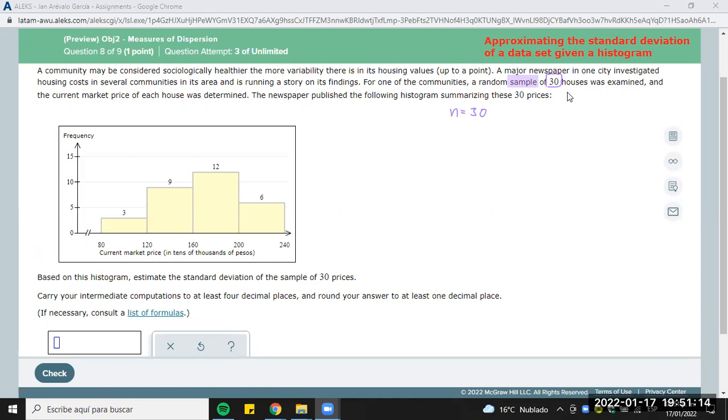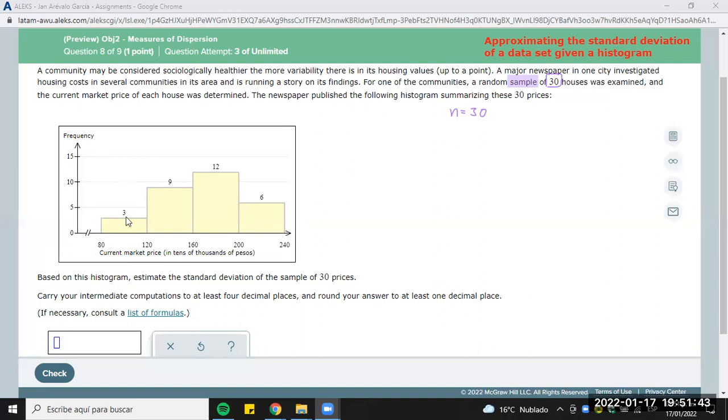Again, a random sample of 30 houses was examined, and the current market price of each house was determined. The newspaper published the following histogram summarizing these 30 prices. In the x-axis, we have the current market price in tens of thousands of pesos, and in the y-axis, we have the frequency of each of these values.